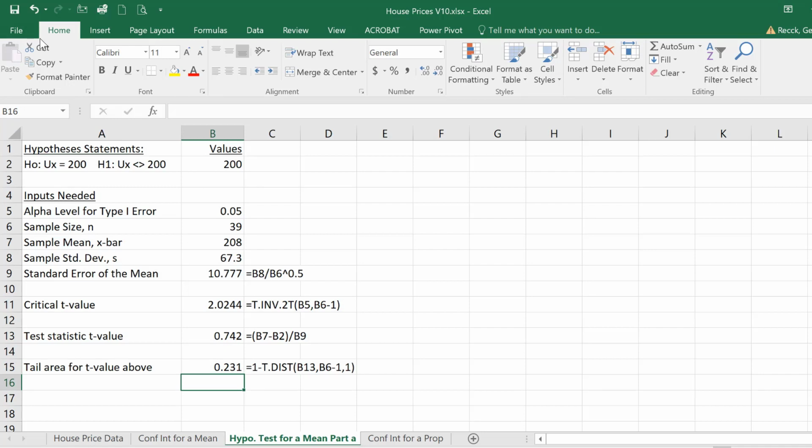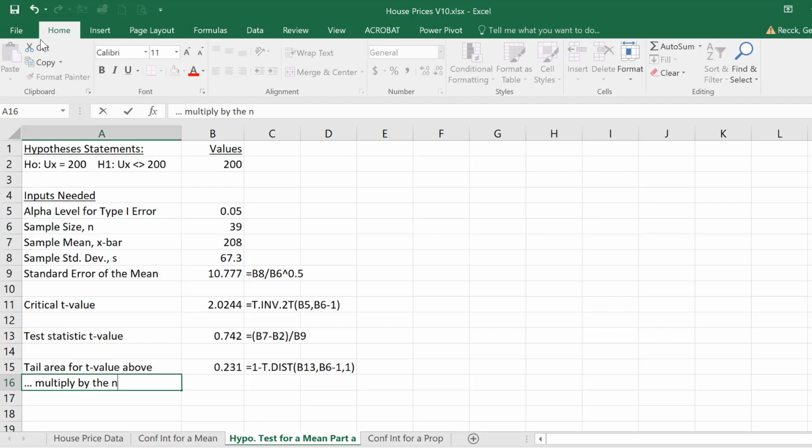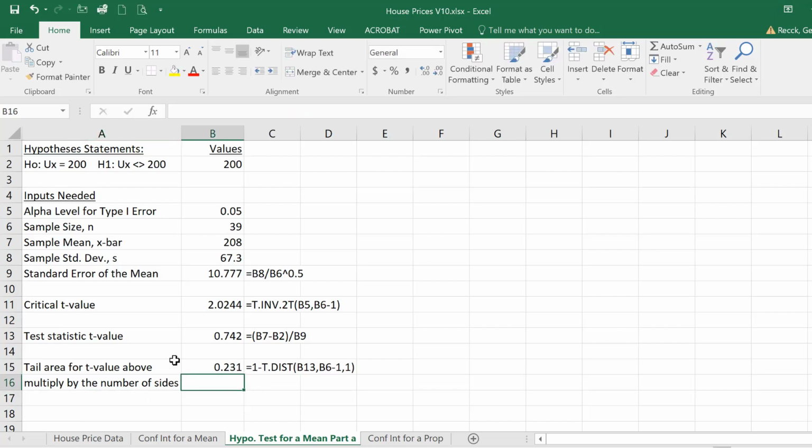And the next thing is, we need to multiply that by the number of sides. So what I mean there is, because it's a not equal to test, we have to account for both sides here.